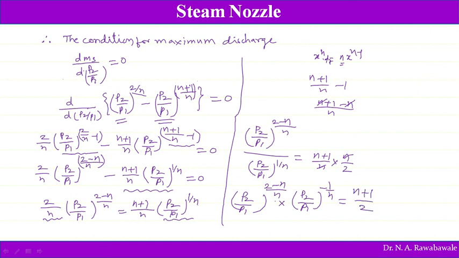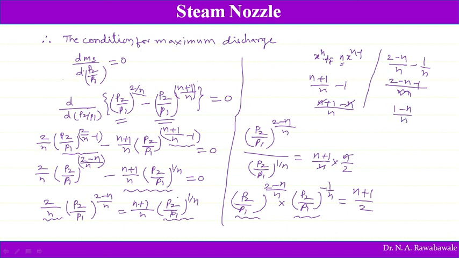So now if we see here, the bases are same, p2 divided by p1, p2 divided by p1, so indices can be added. So adding indices here, 2 minus n divided by n minus 1 over n, the LCM of this will be n. So 2 minus n minus 1, so 2 minus 1 is plus 1, so 1 minus n divided by n we can write.